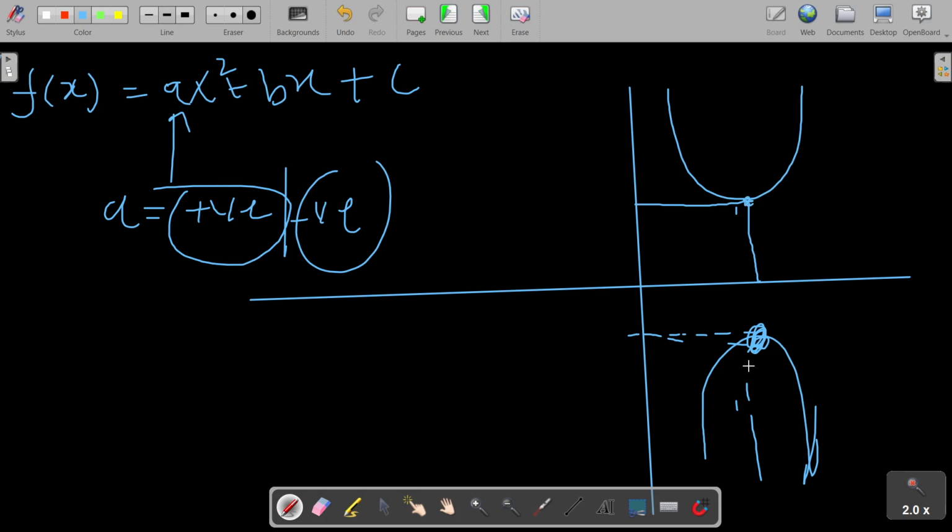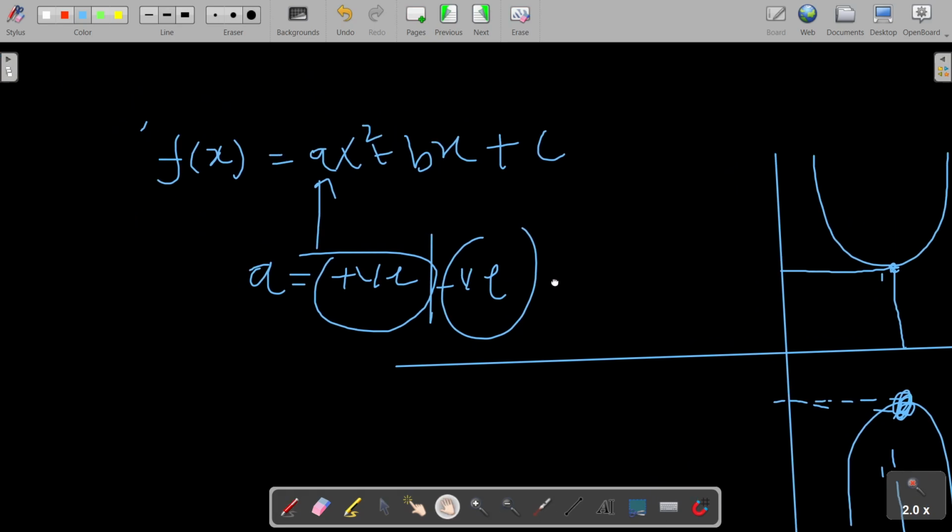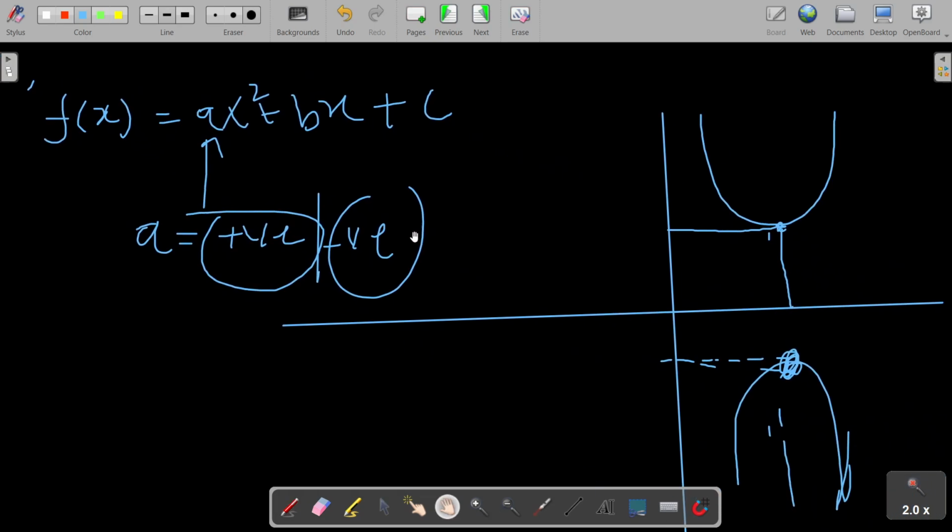So this vertex right here, if the sign of a is positive, then the vertex is the minimum for this curve, and if a is negative, then the vertex is the maximum for this curve. It is a point to be noticed, and a good point to be noted down.